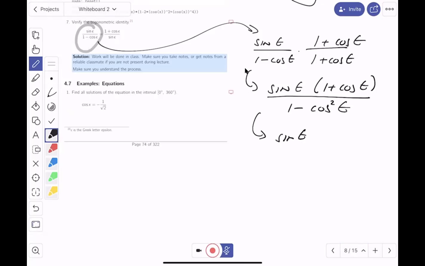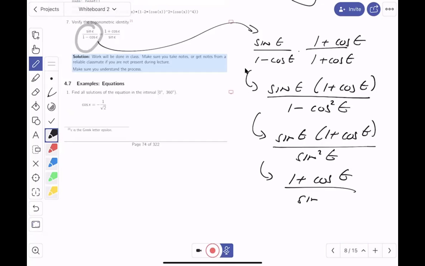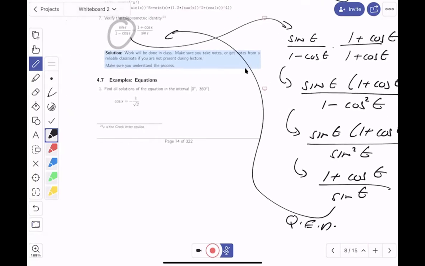Sine epsilon, 1 plus cosine epsilon. The bottom is just simply sine squared now, Pythagorean identity. This reduces. What does it reduce to? The sine cancels. 1 plus cosine epsilon over sine epsilon. What we want to get, again, a QED. We show what we want to show. All right, let's go to the next thing.